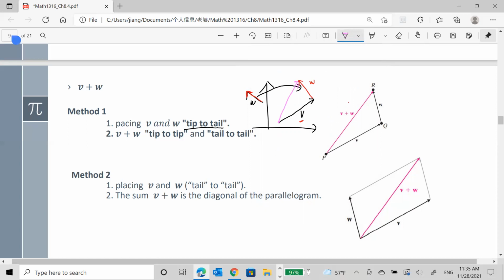So the purple one is V plus W because we do tip to tail, and then the sum is from here to here. That means the sum is tip to tip, and tail to tail.